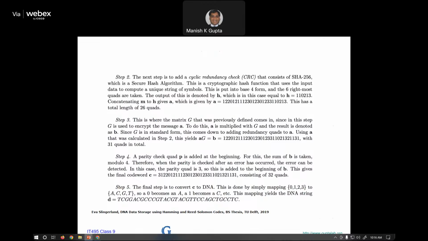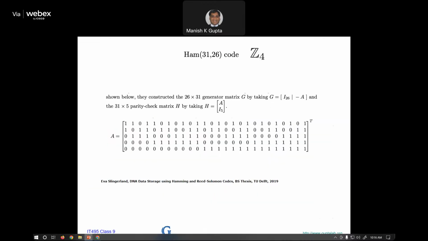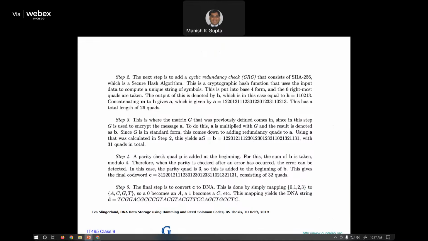So now you can see that the code was what? 26 quads are mapping to 31 quads. That was the code actually. And then a parity check quad P is added.